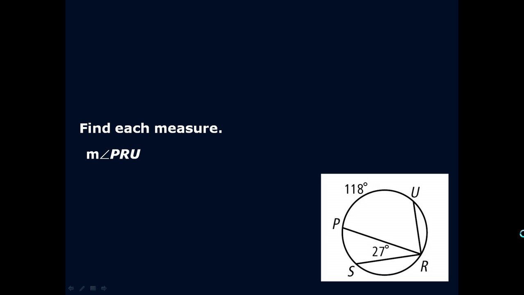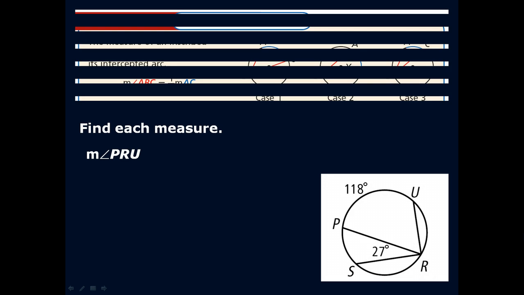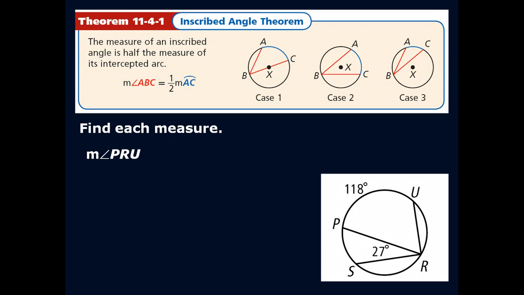Let's find each measure. So we want to know the measure of PRU. We find out that the measure of an inscribed angle is half the measure of its intercepted arc. These are the 3 cases you can have.